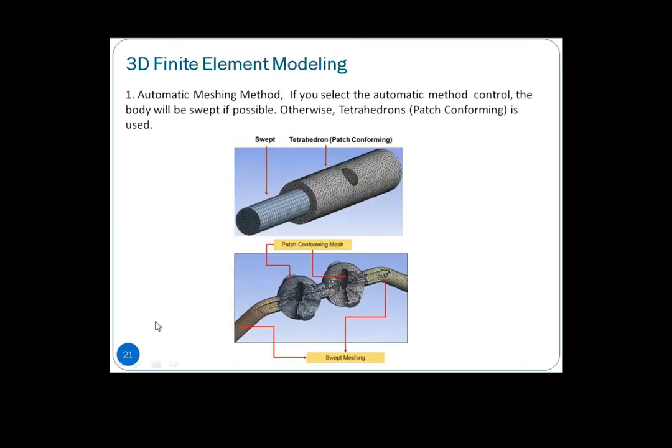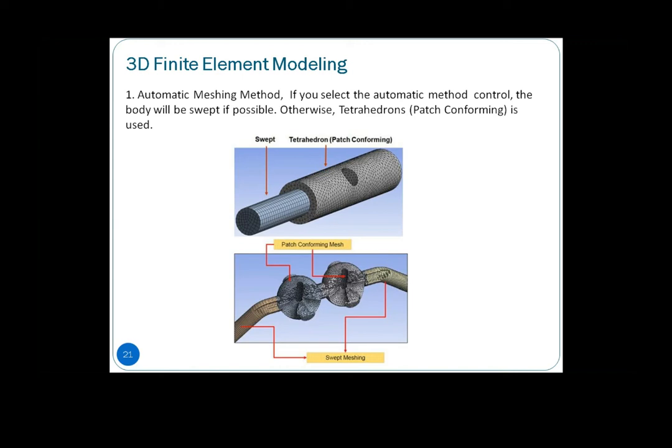The automatic meshing method, if you select it, starts with sweep. Any body that is sweepable, it will use what we call the sweep method. Basically, it starts with the sweep method to discretize it. Sweep usually gives hexahedron, hex elements.